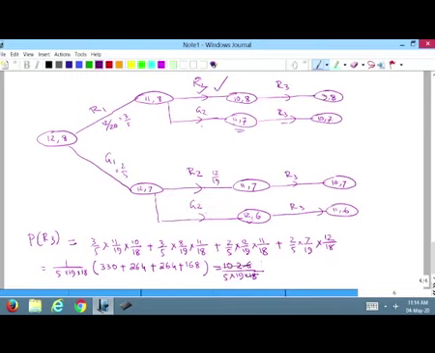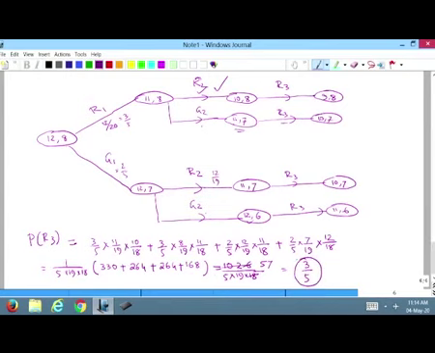So, what we have, 5 into 18, 90, so 126, 7 into 18 is equal to 126, is equal to 3 upon 5.